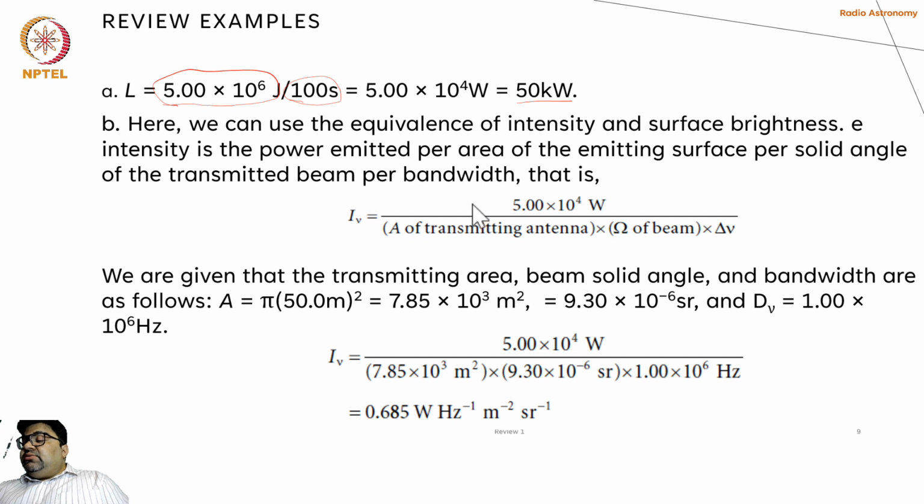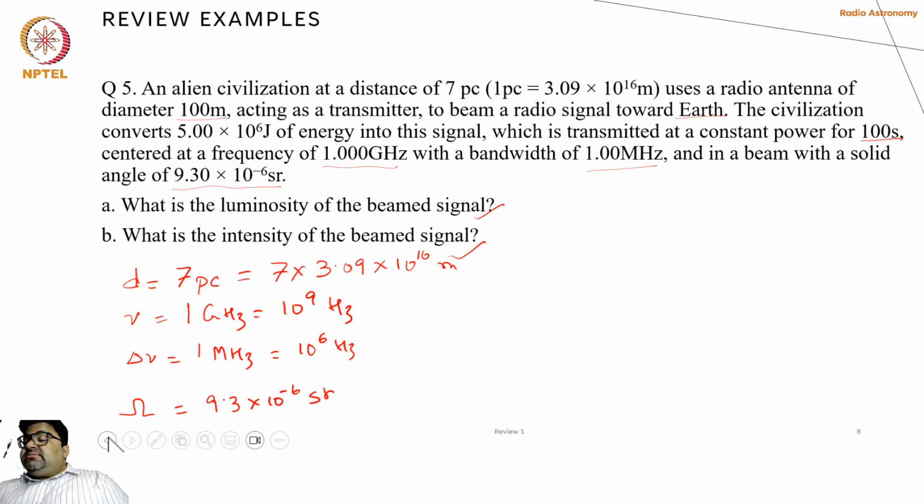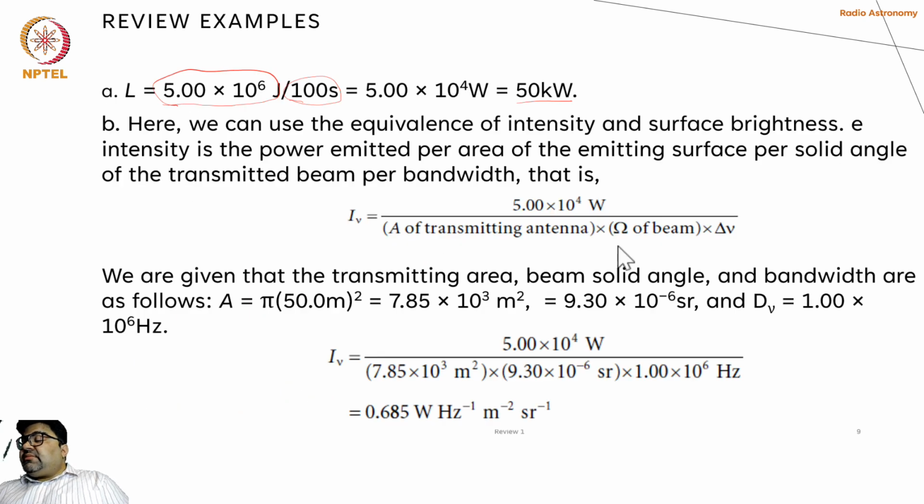From there you know the area of the transmitting antenna. Its diameter is 100 meter. It's already known. So then you can calculate the area and the omega of the beam and delta nu.